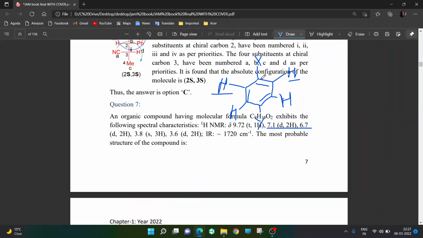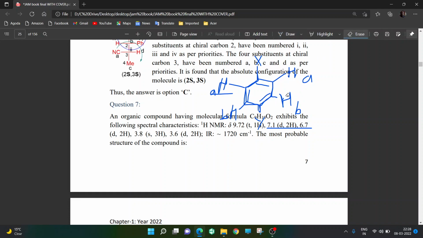See, it is 1 bond away from X, this is also 1 bond away from X, it is 2 bonds away from Y, and this is also 2 bonds away from Y. So these two hydrogens will show 1 peak, and similarly these two hydrogens will show 1 peak. So basically it should show only 2 peaks, which are seen here at 7.1 and 6.7.